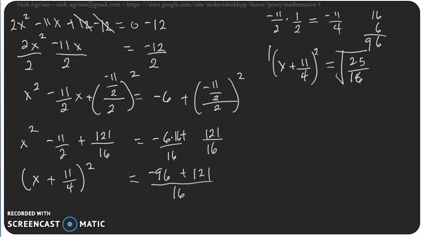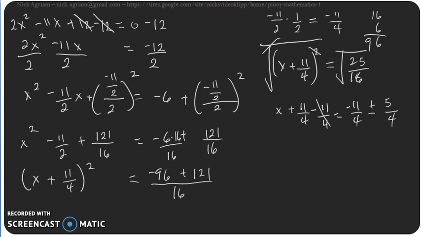Extracting the square root of both sides of the equation, then we have x plus 11/4 is equal to plus or minus 5/4. If we subtract 11/4 from both sides of the equation, we have x is equal to negative 11 plus or minus 5 divided by 4.